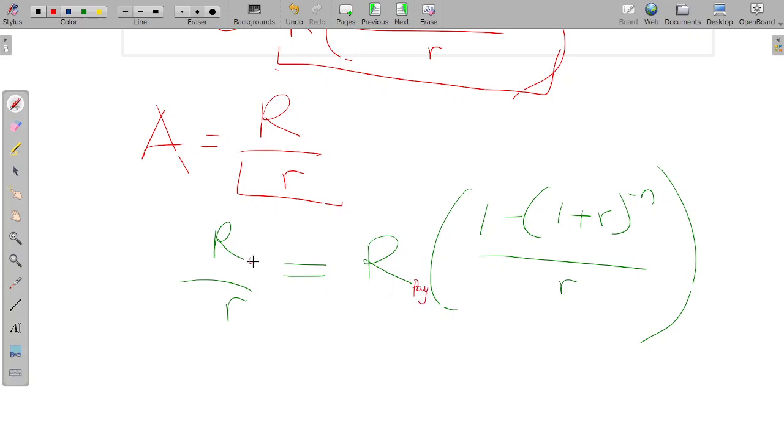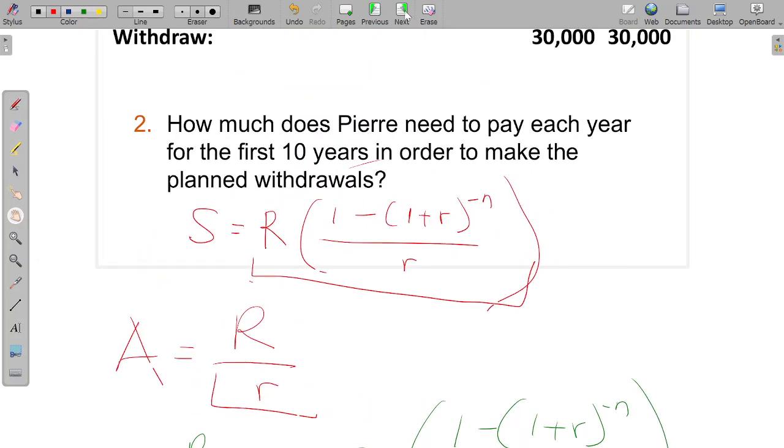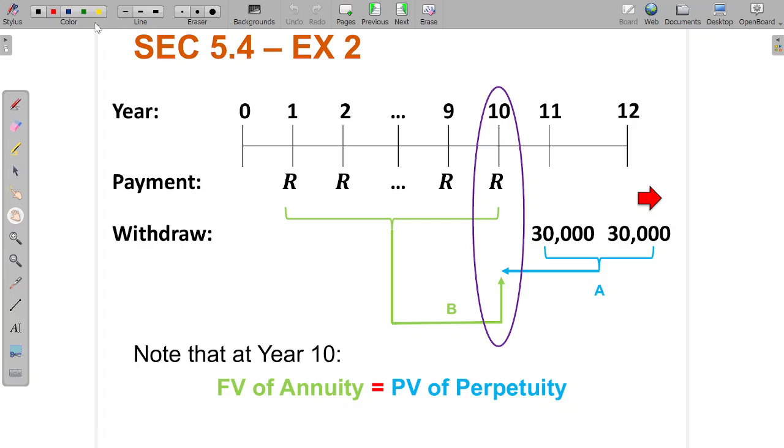This R is the withdrawal from the perpetuity. And we know this already. We know this rate. We know this, but we don't know this. So this is what we are going to be solving for. Okay, so that is what to do. This is exactly what I just explained.